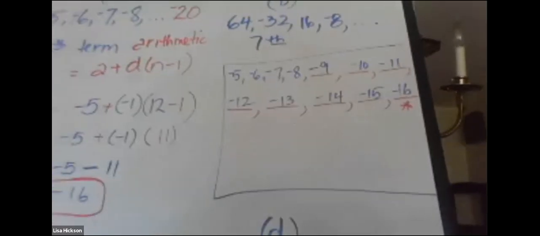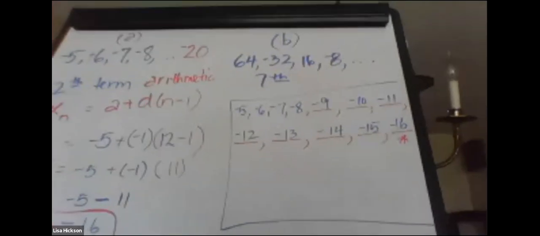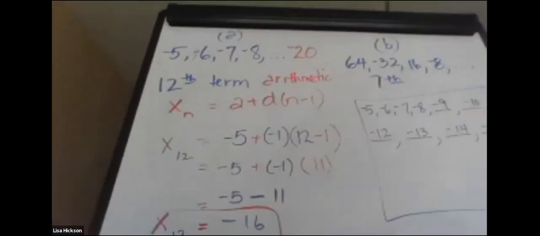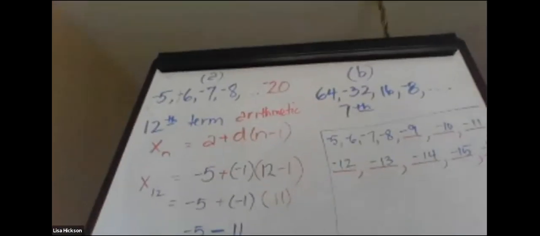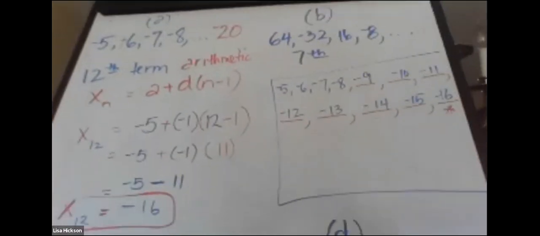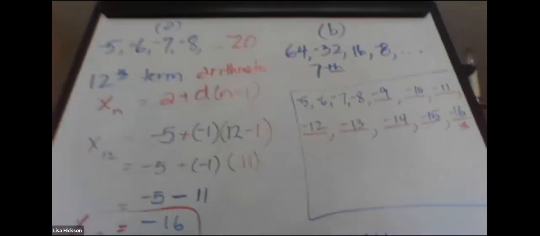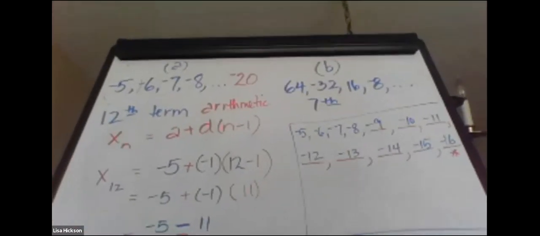I did it wrong then. That's okay. That's why we're in class, so we can straighten it out. The next 12 terms. Oh, okay. I get it. You did the next 12 terms instead of the 12th term. All right. But again, that shows you understand because you understood what you did.